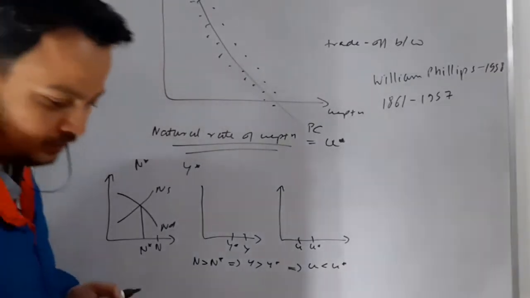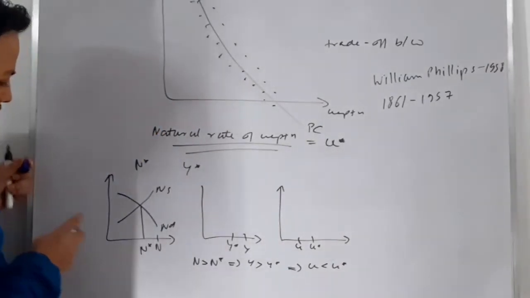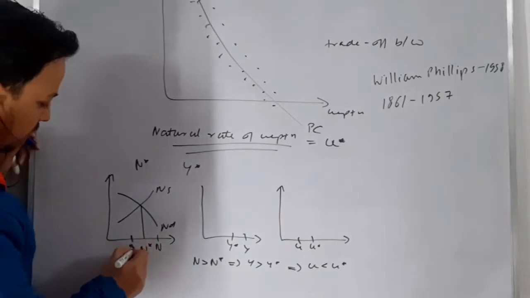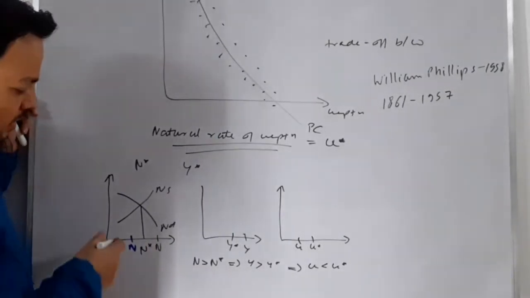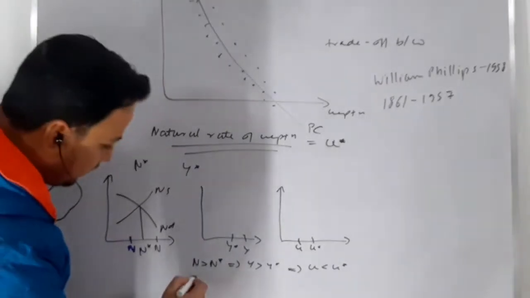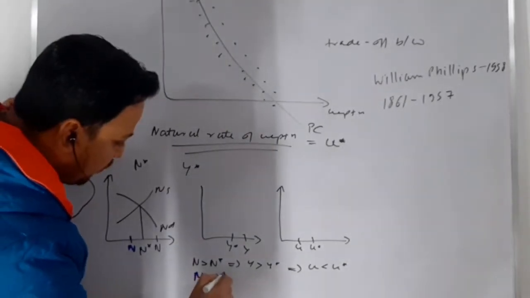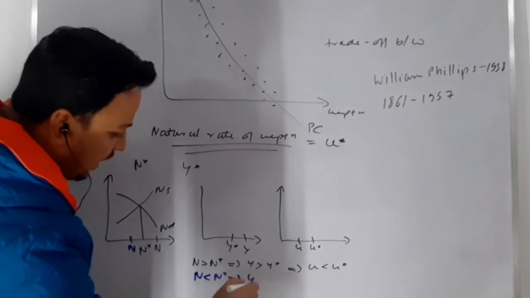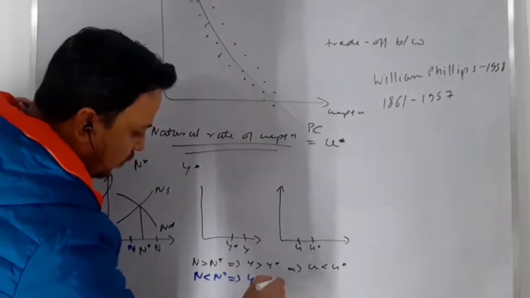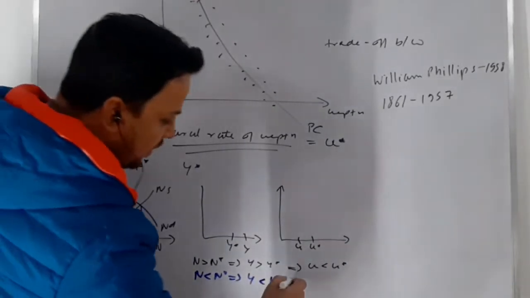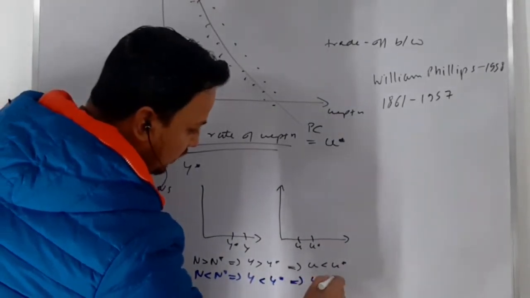Similarly, I have told you that when your employment falls below your natural rate, that means demand in the economy is low, whatever be the reason. Firms are demanding less labor. So employment is less than the full employment labor force, which means the actual output that firms are producing is less than full employment output. That means the actual unemployment is more than the natural rate.